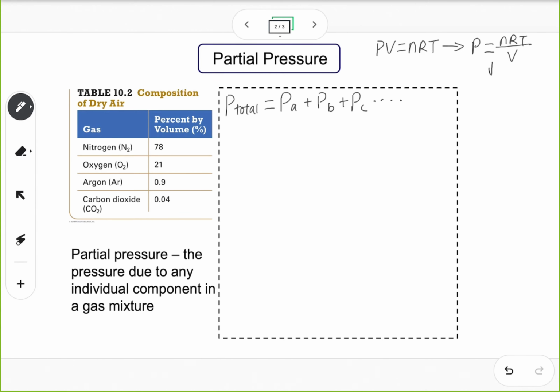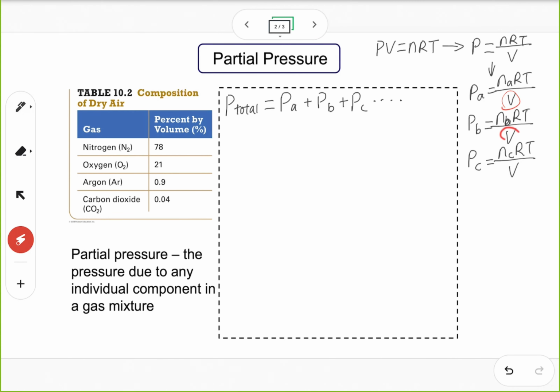In other words, PA equals NA RT over V, and PB equals NB RT over V, PC equals NC RT over V. You may have a question regarding V. Well, each gas component has its own mole number, that's for sure.